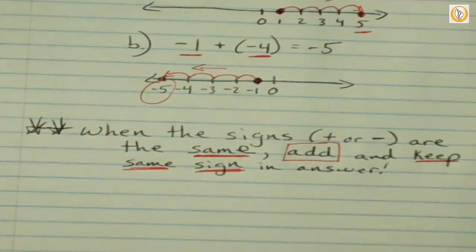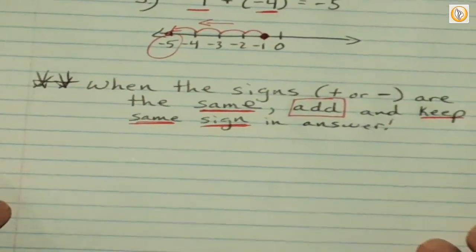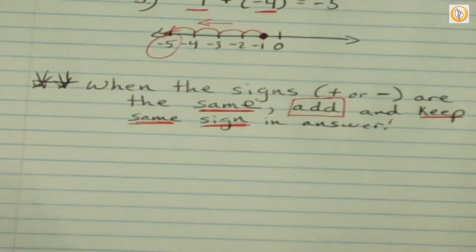So you don't even have to do the number line if you can memorize that. And I'm going to tell you, even my Algebra 1 students yesterday, after a whole summer, I looked at them, I said, same signs, and they're like, add and keep the sign. Okay. So you're going to hear this a lot, and it'll drill it into your head.